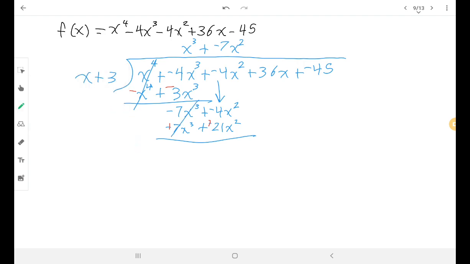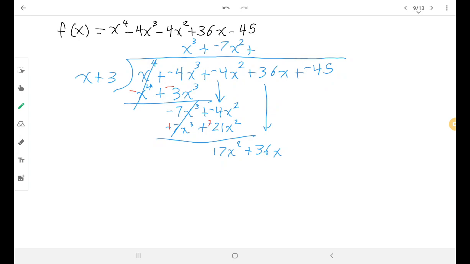Those two cancel because that's how you designed it, and then negative 4x squared plus 21x squared is, let's see, that's positive 17x squared. Bring down the plus 36x, put a plus up here, and we'll start the game again.